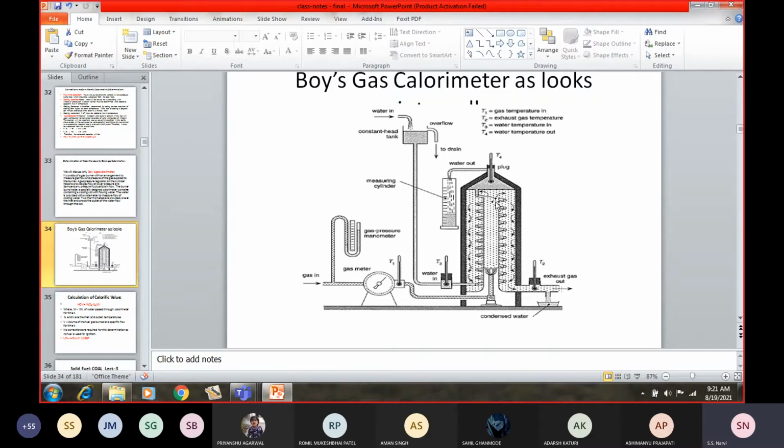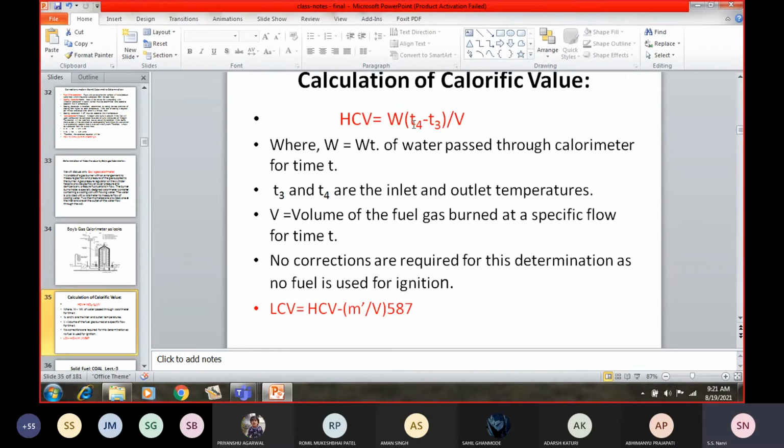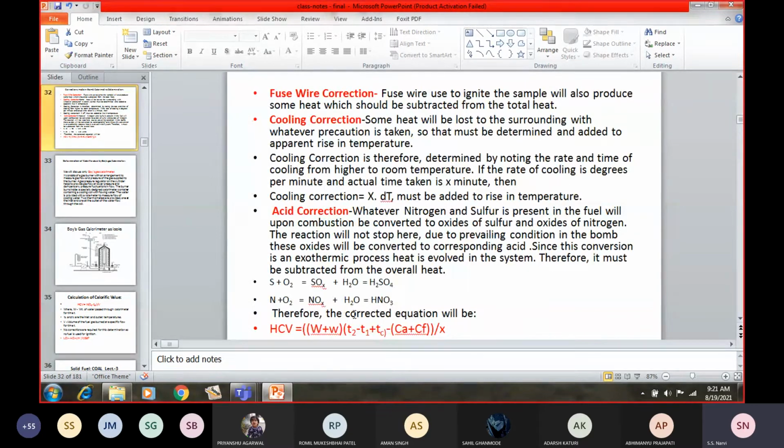One is the circulating water, or water which is present in the bomb calorimeter around the bomb, isn't it? Surrounding water. Heat will also be absorbed by the material of the calorimeter, isn't it?